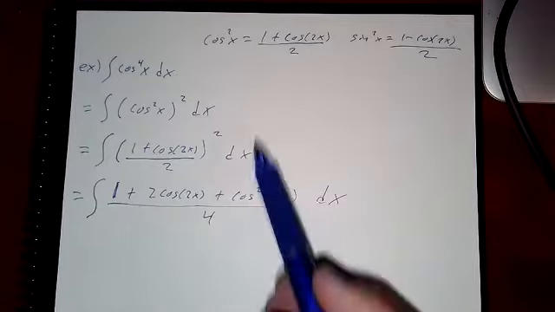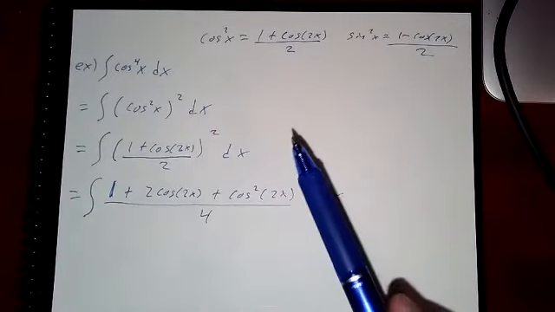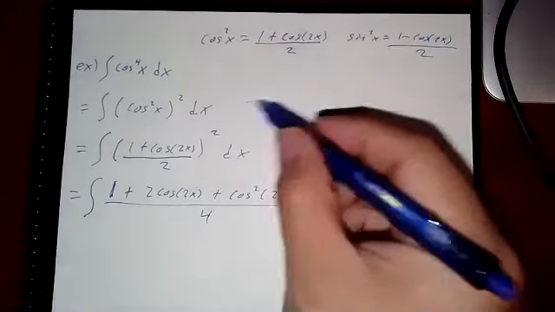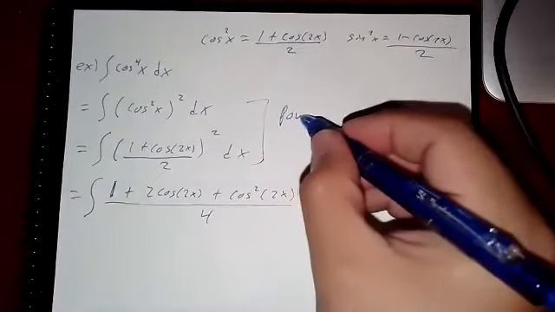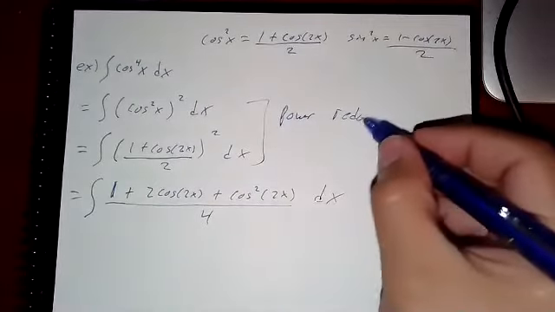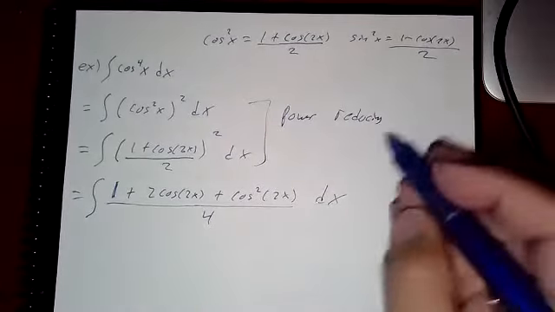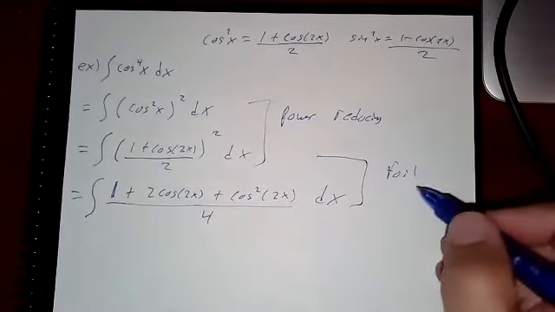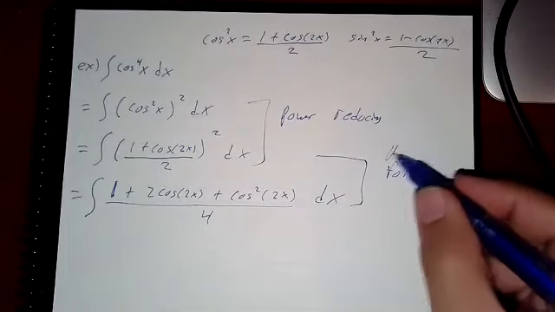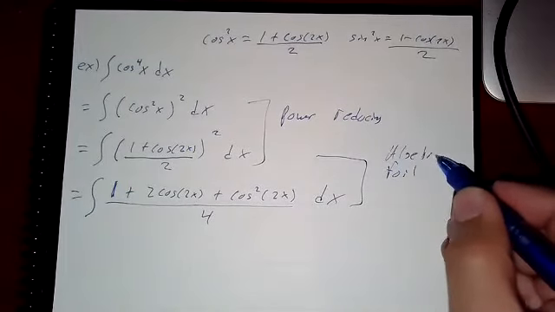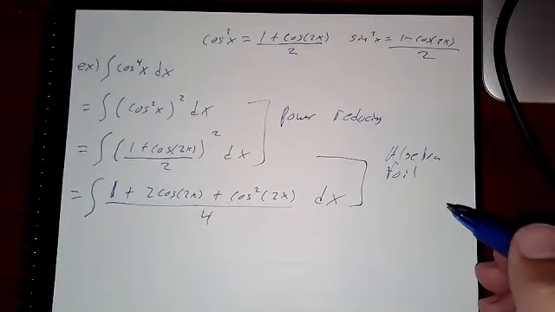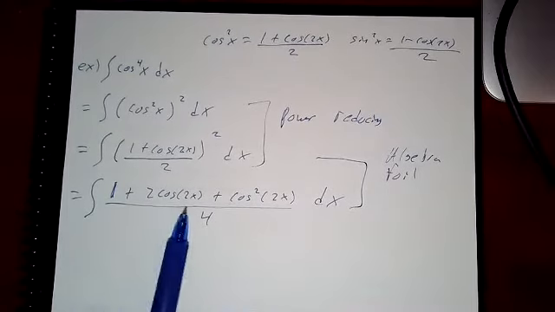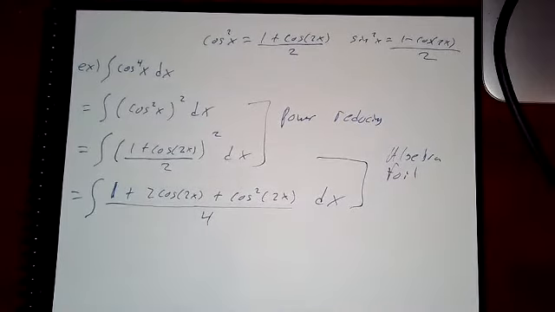Right? When you FOIL this guy. So here to here, we did power reducing. Here to here, we just did some algebra. But these are pieces that we can integrate separately, right?